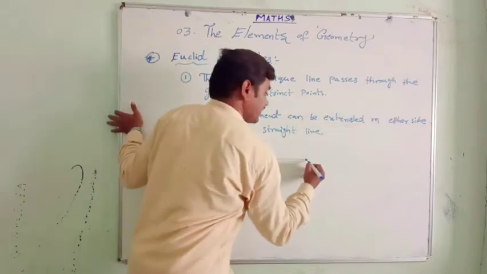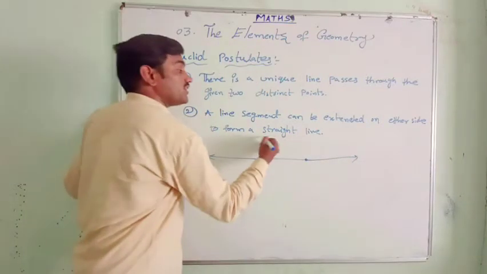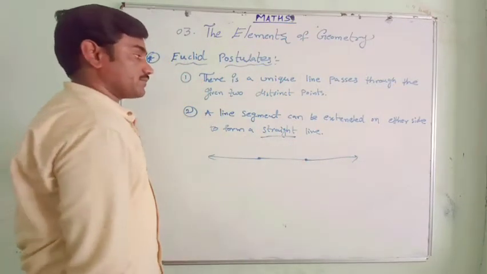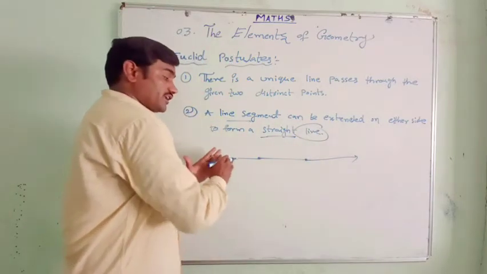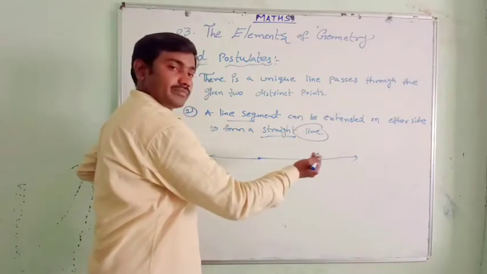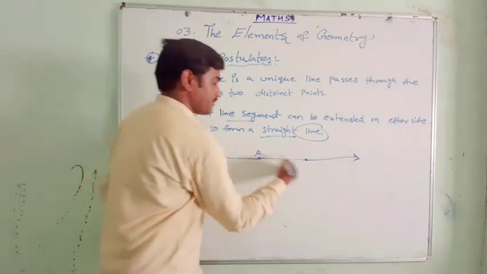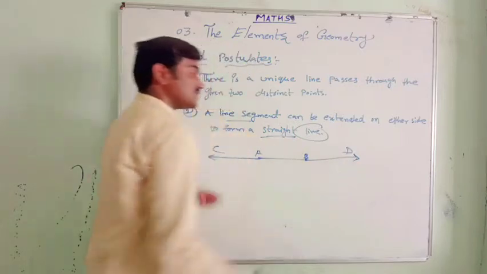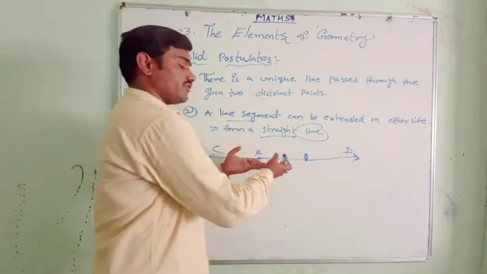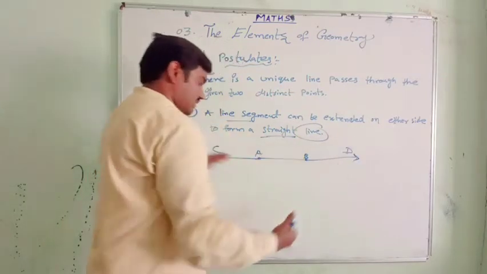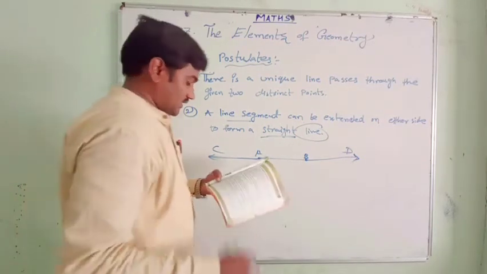It can be extended on either side. If you extend it on either side to form a straight line, then it becomes a line. If you extend infinitely on either side of this line segment AB, then it forms a line CD as a straight line. It forms a line, not a line segment. If you extend this line segment some length on this side and this side, then it becomes a straight line. This is what it is saying.